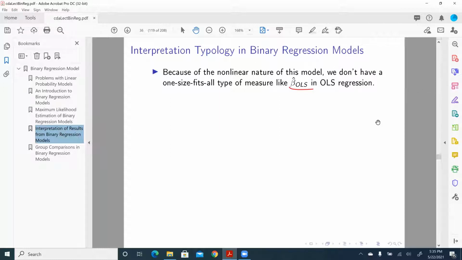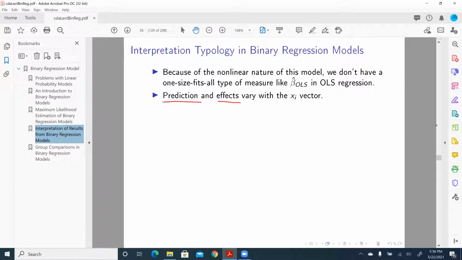Unfortunately, we don't have that in binary regression models, as shown in previous sessions. The problem, in short, is that the predictions and the effects in binary regression models vary with the X vector.